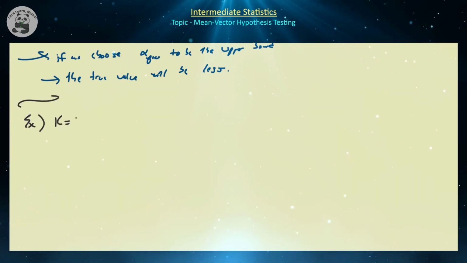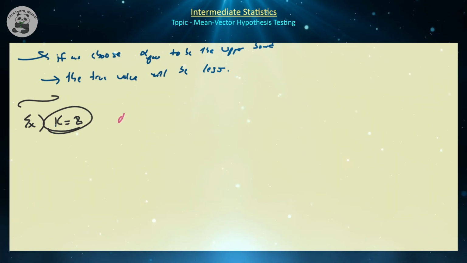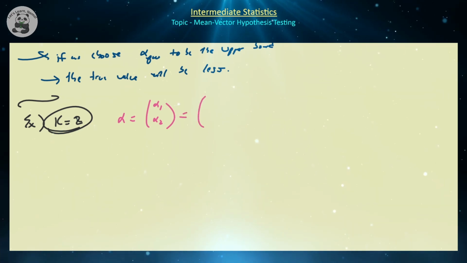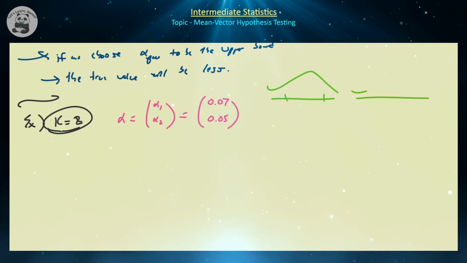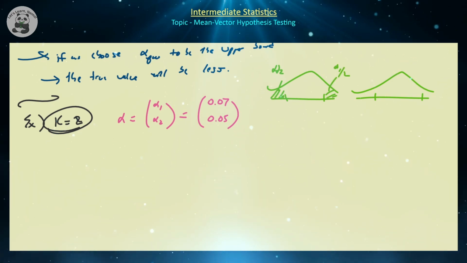Let's assume that we're working with two multivariate features, and let's assume that we have a multivariate alpha vector, in particular alpha 1 and alpha 2, equal to 7% for the first feature and 5% for the second feature. Obviously if you work with your classical two-tailed approach, you would have alpha 1 over 2 and alpha 1 over 2 in each of those left and right hand tails.